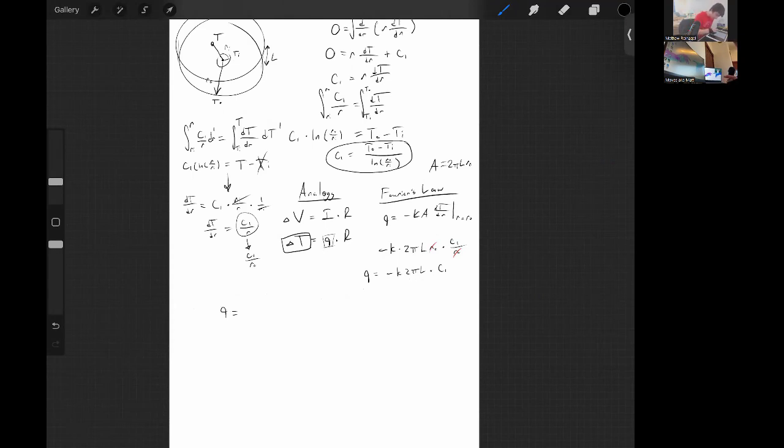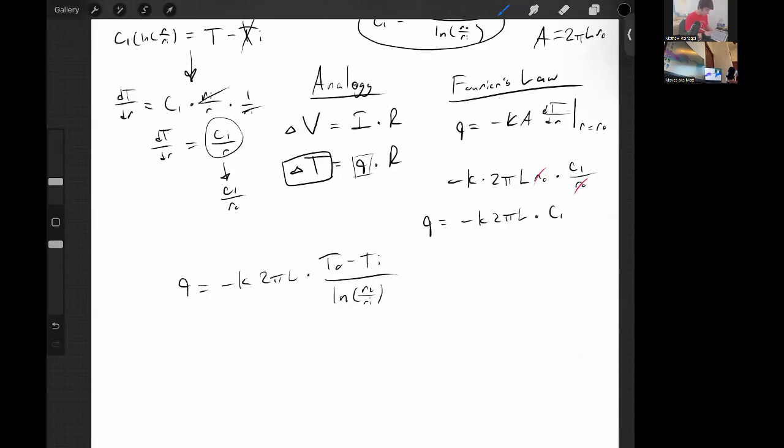I'm going to go ahead and write the rest of this. We know that this is multiplied by T, the outer temperature minus the inner temperature, over the natural log of the outer radius and the inner radius.